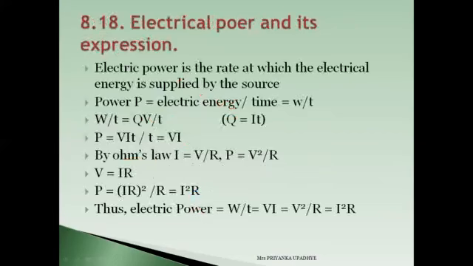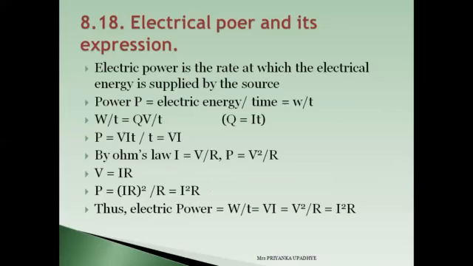So next what we have is electrical power and its expression. P is equal to W divided by T is equal to V into I. So what is this electrical power? Electric power is the rate at which electrical energy is supplied by the source. For example, I'll consider the source as a bulb itself.